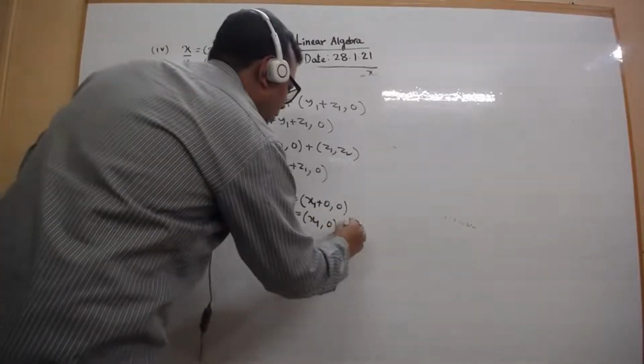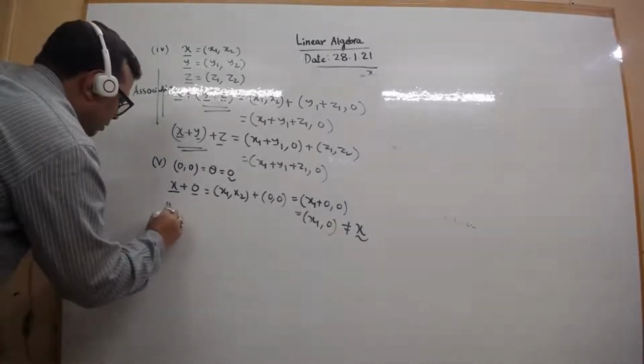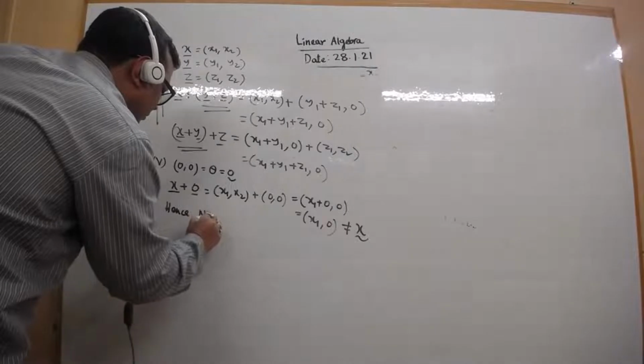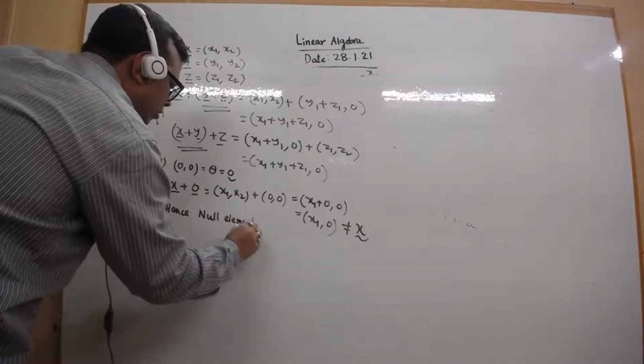This is not equal to x curl. Hence the null element does not exist.